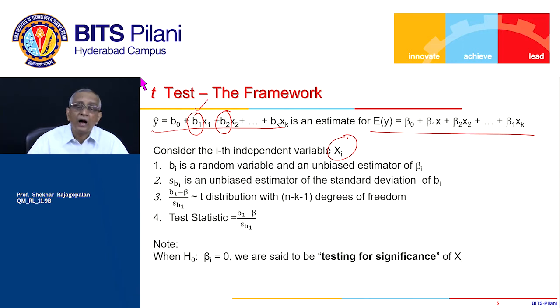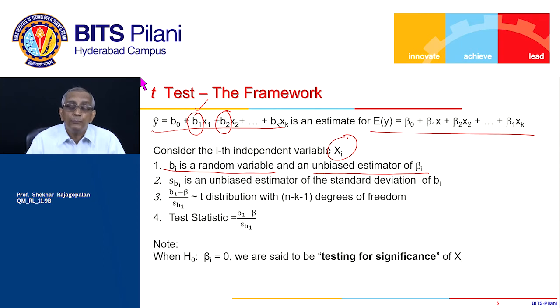And therefore, until I have applied the least squares method and got the estimated model, I have no idea what these bi's are. And therefore, bi's are random variables. And we are making an assumption that, because of the assumptions which we mentioned earlier, these bi's are unbiased estimators of beta i.